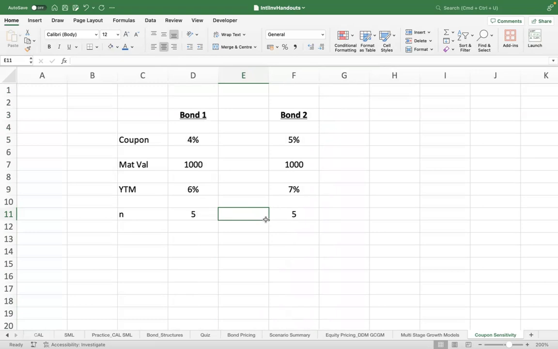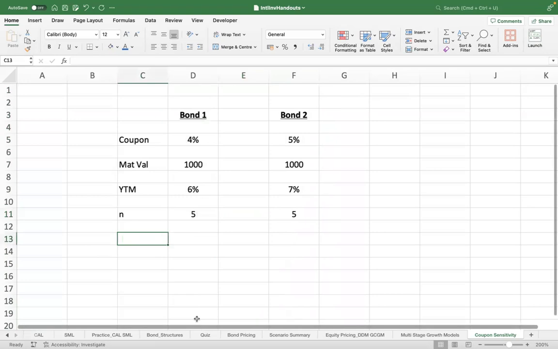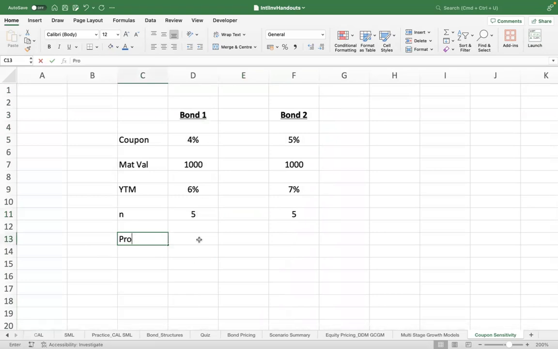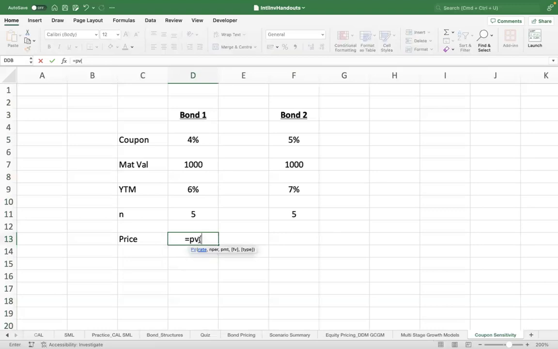Now, for the bond price, we can straight away use the PV function, or you can also do it with the tabular approach. Either tabular approach I have already taught you, right? So if I take the PV function, the rate is 6%, 5 years to maturity.